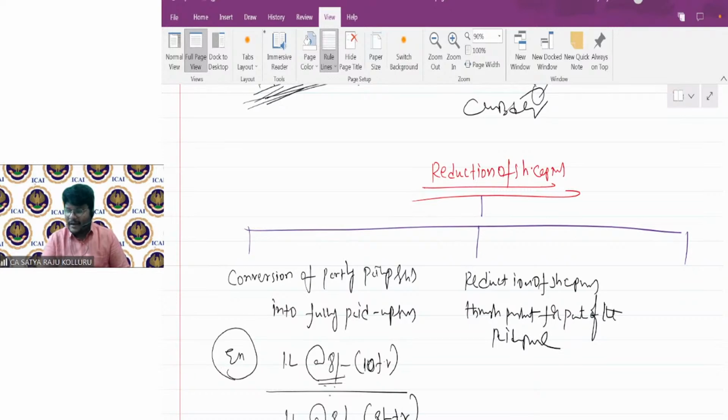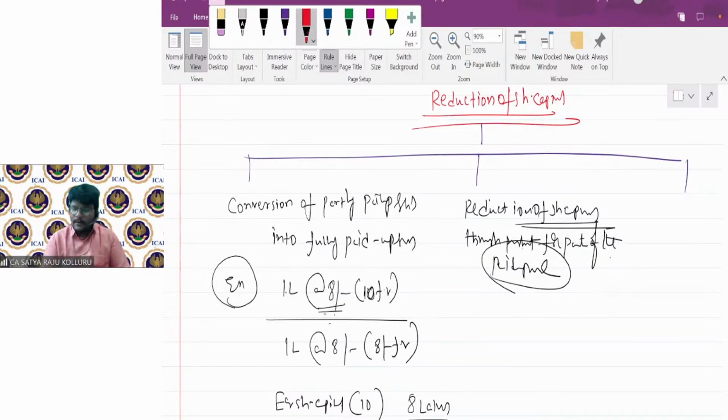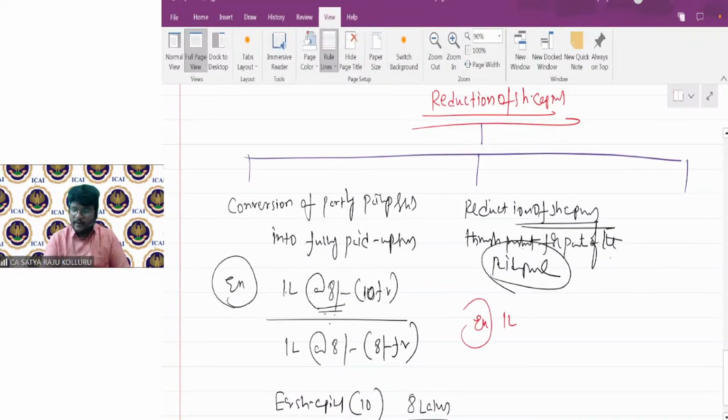What is this, sir? For example, right now 1 lakh equity shares are there at 10 rupees face value, 10 rupees paid up value. Let us assume. Now, out of this 10 rupees paid up, the company wants to repay to the extent of 3 rupees.